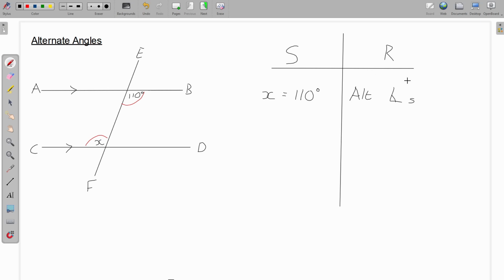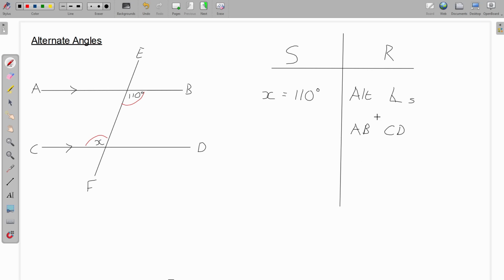But I need to prove that it's a set of alternate angles. For that we have to go back to our principles of alternate angles. We need parallel lines on the arms of the Z. So would you agree the parallel lines in question would be AB and CD? So we will say AB, line AB, is parallel to line CD.